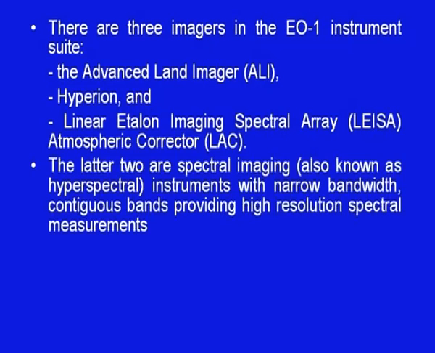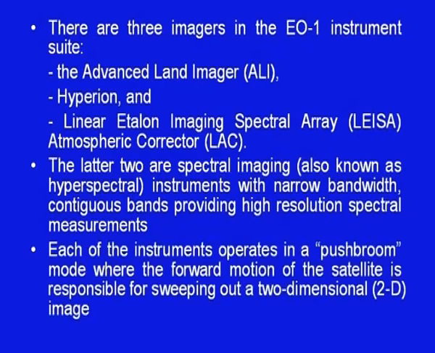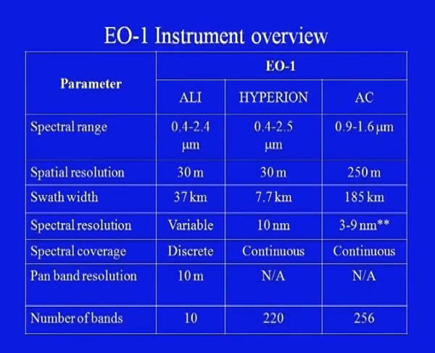The latter two are spectral imagers known as hyperspectral instruments, with narrow bandwidth contiguous bands providing high resolution spectral measurements. Each of the instruments operates in a push broom mode, where the forward motion of the satellite is responsible for sweeping out a 2-dimensional image. Now, let us look at the EO1 instruments.